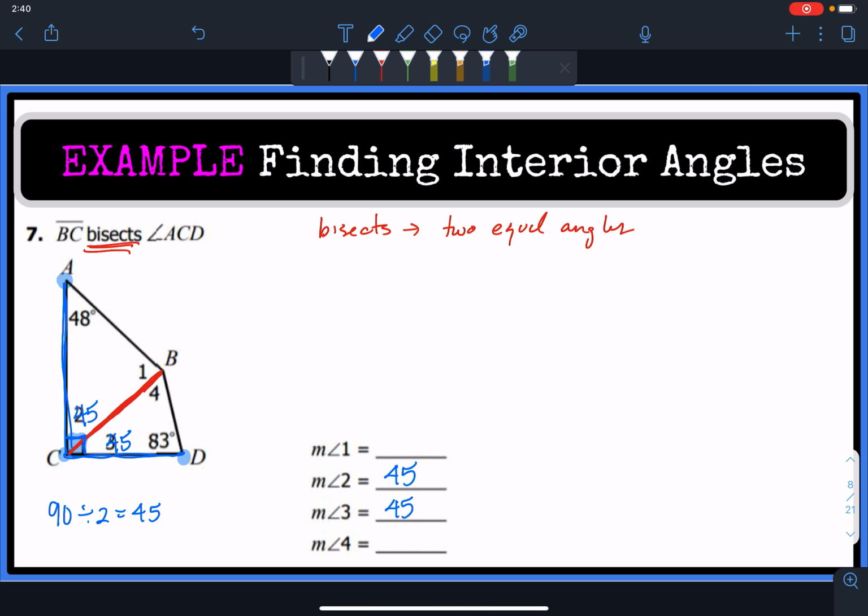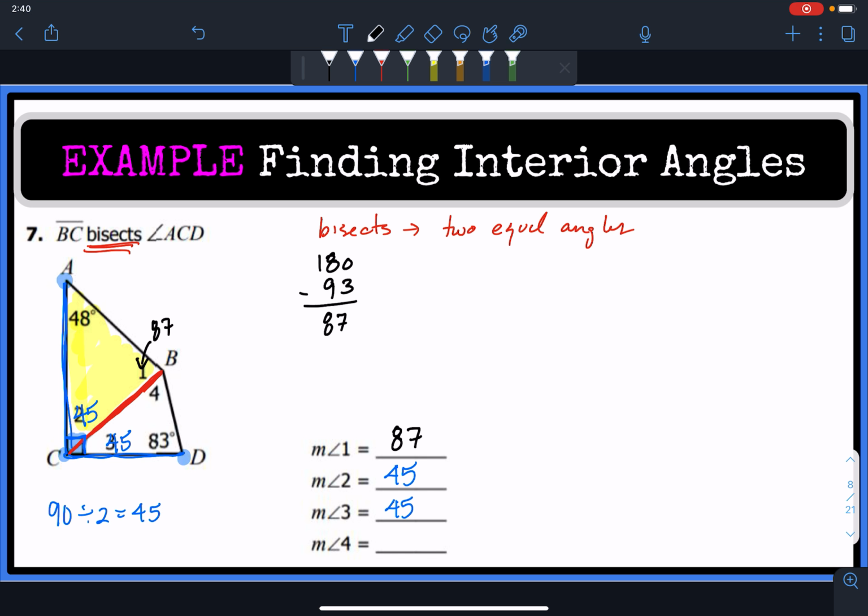Then, to figure out the measurement of the missing angle in the yellow one, which is angle number 1, we're just going to do the same thing. Get 180 and subtract the 48 and the 45, which is equivalent to subtracting, what's that, 93? We're going to end up with 87. So angle number 1 is equal to 87 degrees.